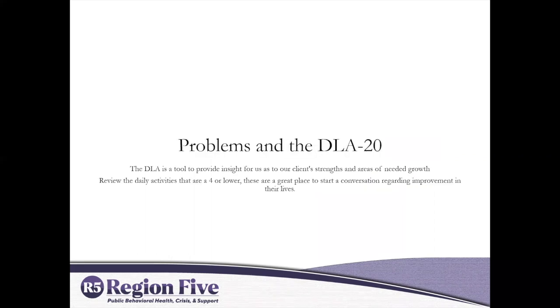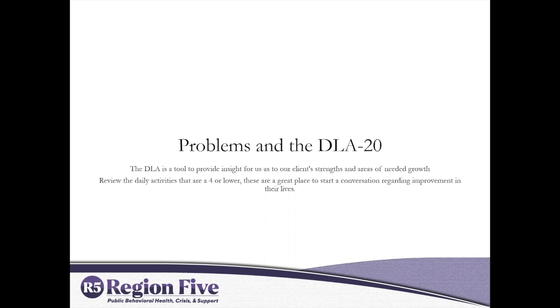So we all utilize the DLA 20. That's our daily living activities tool. And it has 20, if you didn't know that already, 20 awesome areas to evaluate. The DLA, it's a tool to provide insight as to our clients' strengths and areas of needed growth and improvement.